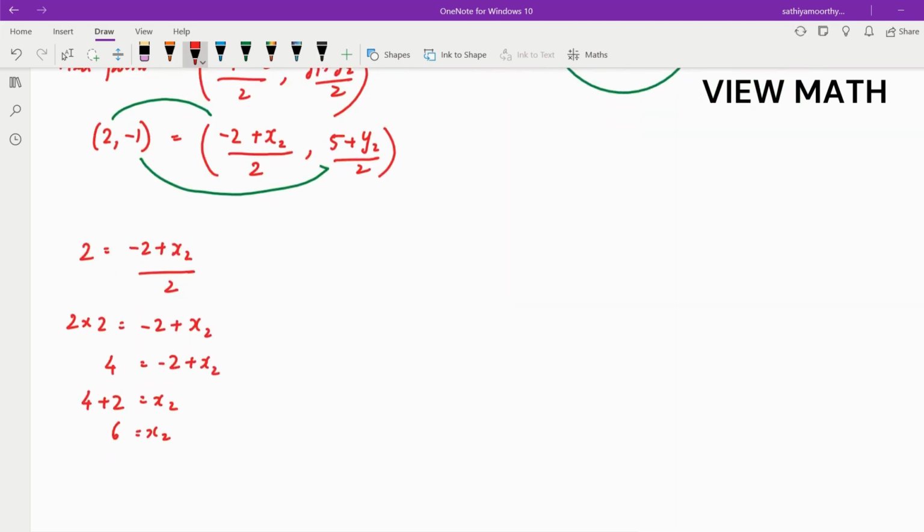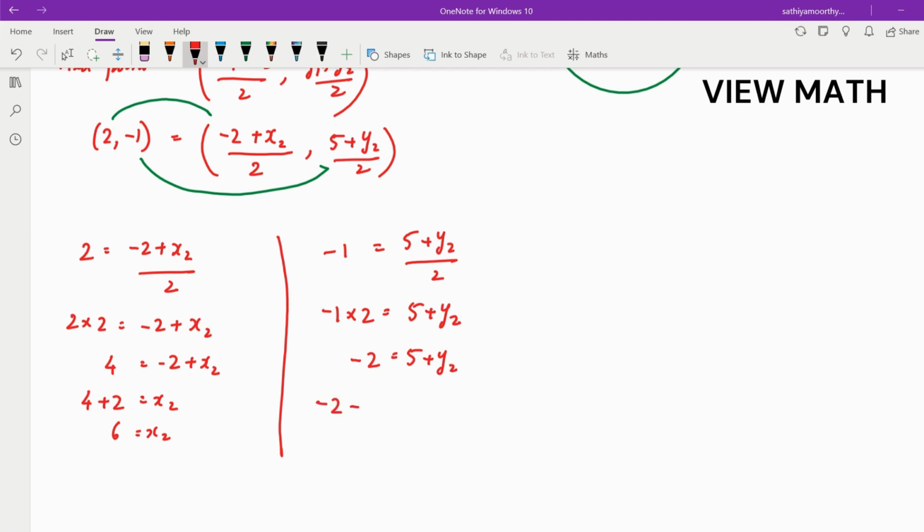Next, let me find the y2 value. -1 is equal to (5 plus y2) divided by 2. If I bring 2 to the other side, it becomes -1 into 2 is equal to 5 plus y2. -1 into 2 is -2, equal to 5 plus y2. Let me bring 5 to the other side: -2 minus 5 is -7, equal to y2.